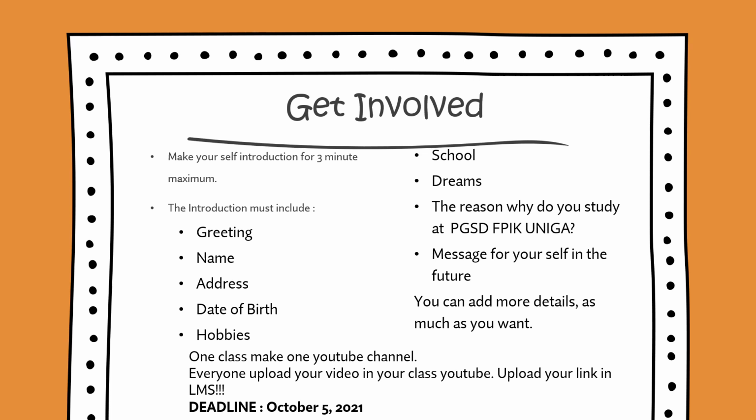You can say, my name is so-and-so, or I'm so-and-so. Then say your address. It could be your current address, or maybe your town, and then your date of birth and your hobbies. I think you have more than one hobby, right? So say all of your hobbies, and if you want, you can say why you have those hobbies.